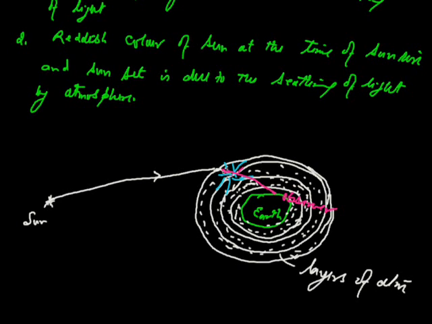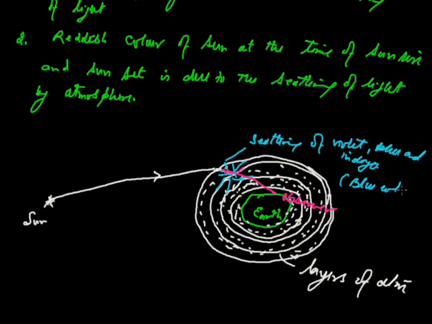So the color of the sky appears blue, and the color of the sun appears reddish. The same thing happens at the time of sunset. Here is the observer. The color of the sun appears reddish, yellow, or orange.